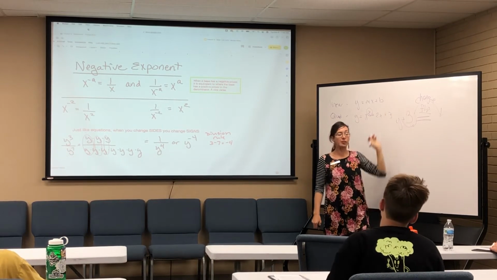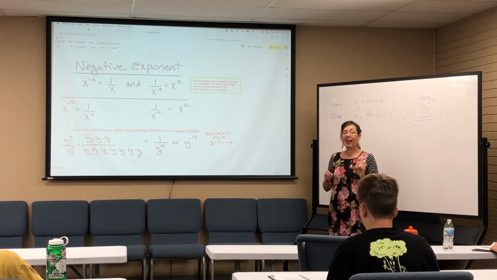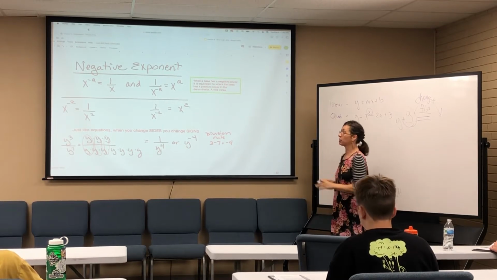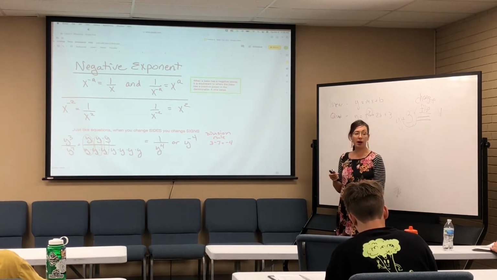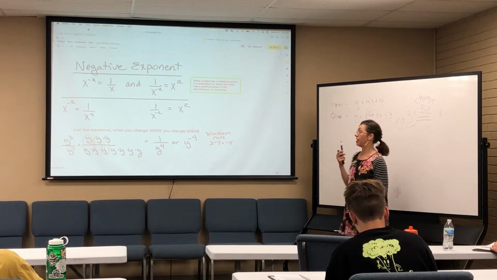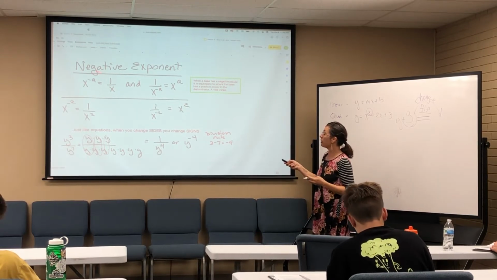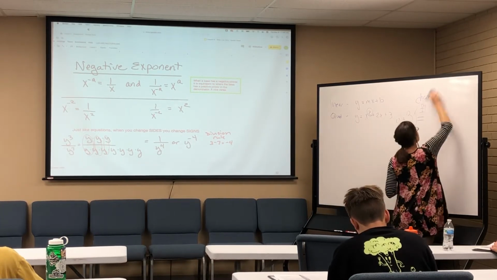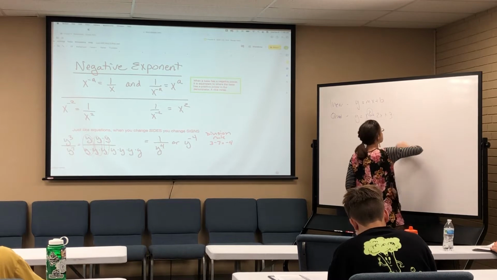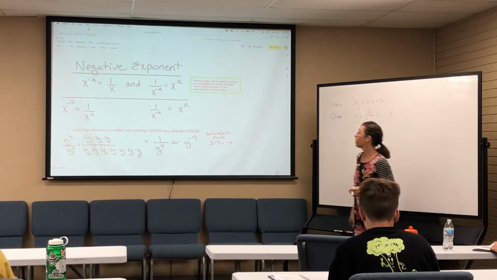That's the rule. If we change sides, we have to change signs. That same rule applies for exponents. If we change sides from top to bottom, we have to change signs. So if I have a value that has a negative exponent, I can change the side and it will change the sign, okay?